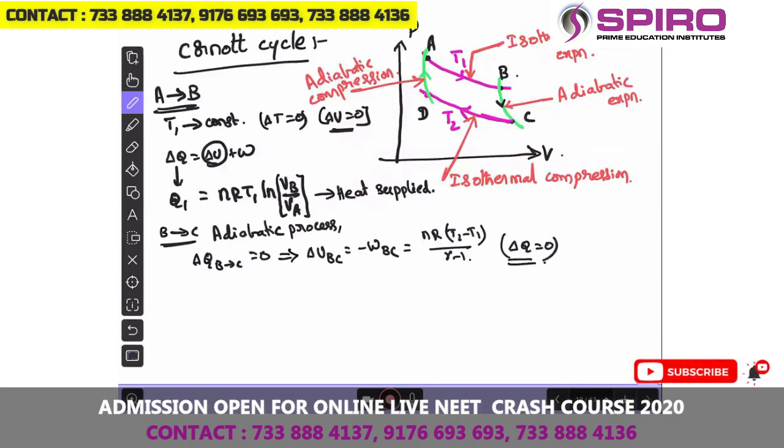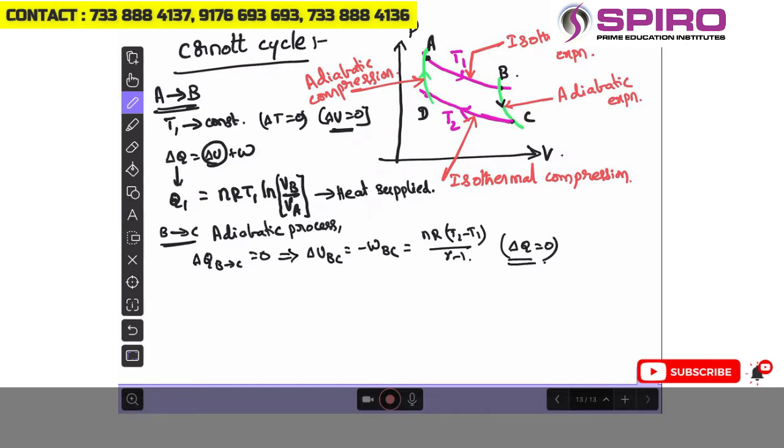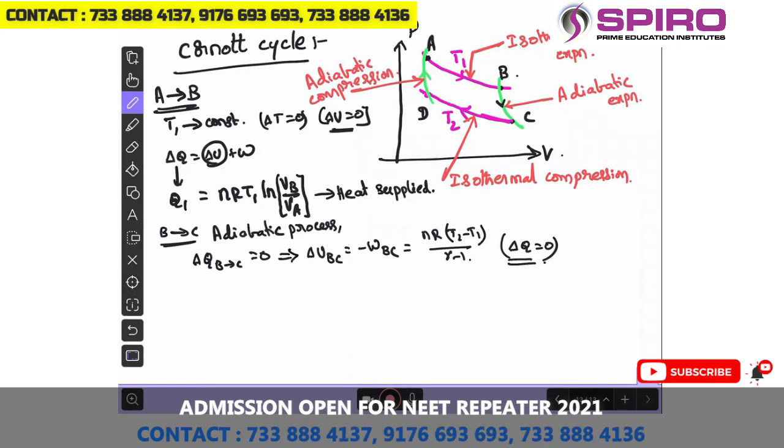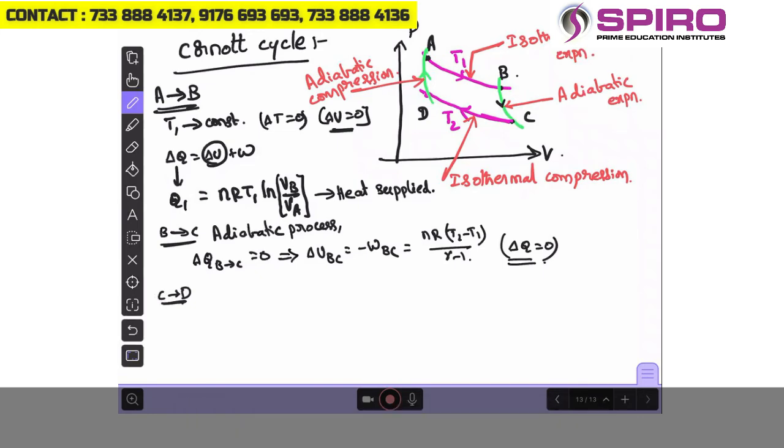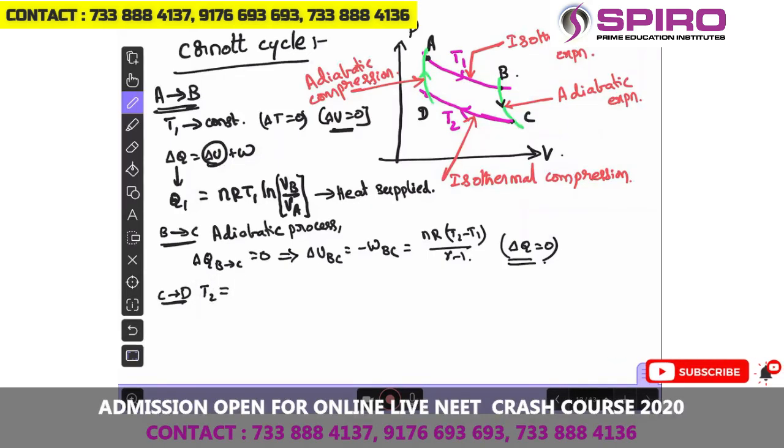Now let us go for the process C to D. It is again an isothermal process. Being isothermal, temperature was kept constant at T2, so delta T is 0, and delta U also will be 0.